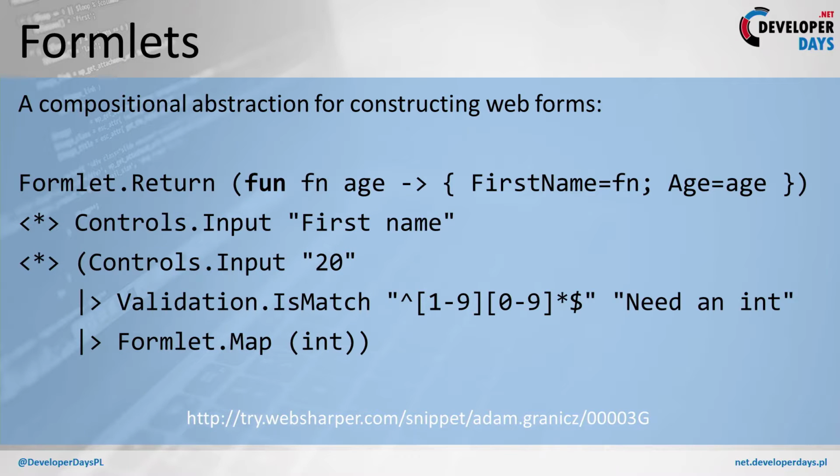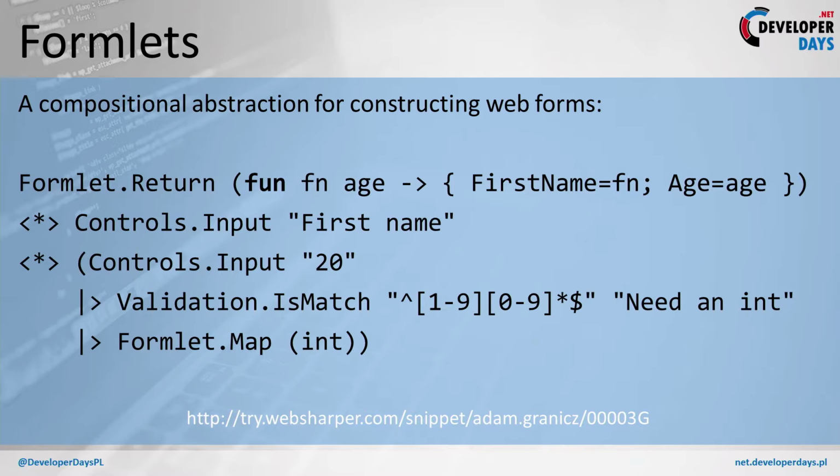What you see here is what, 5 lines? This basically declaratively defines a form where we input the first name of a user, we input his or her age, and we even have a client-side validation that makes sure that whatever you enter has to be an integer, otherwise it will say, I need an int, and then we map that component into an int value.